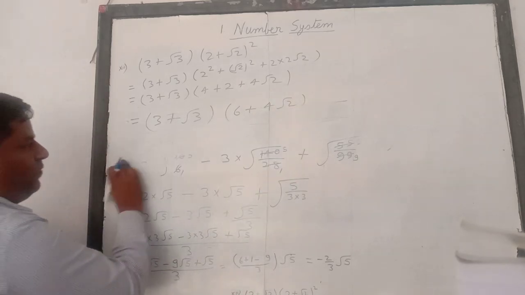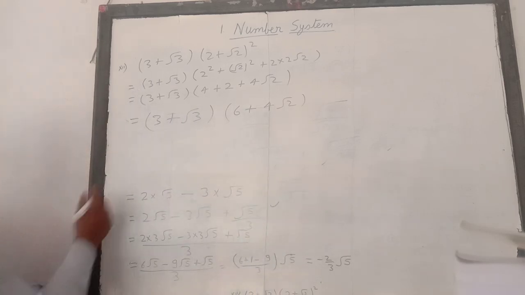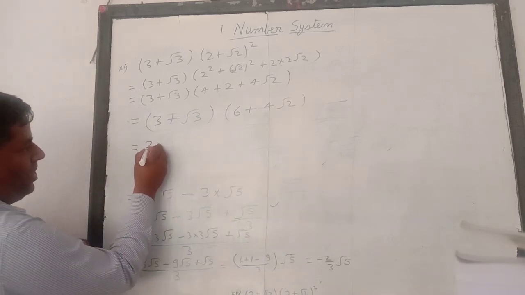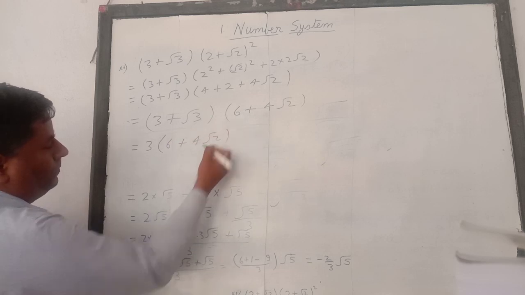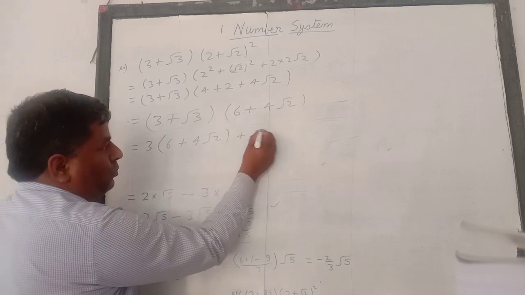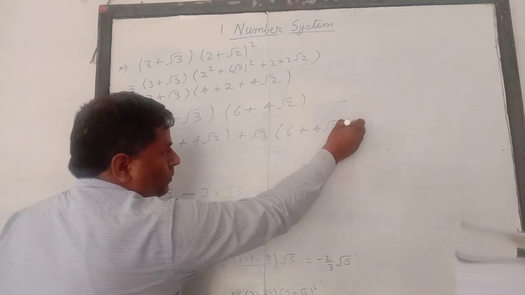Now finally we have to multiply these two terms. So first we take 3 into (6 + 4√2), then plus √3 into (6 + 4√2).